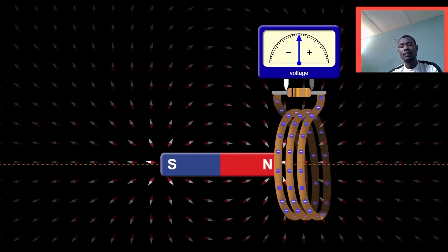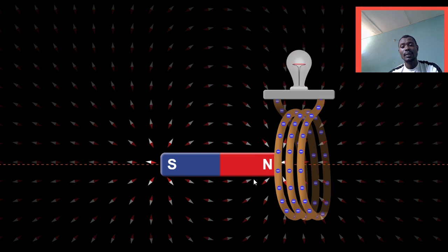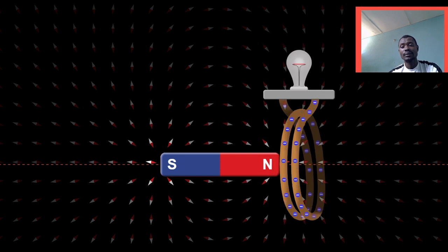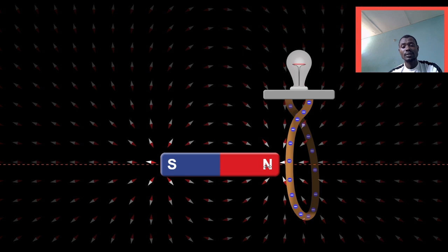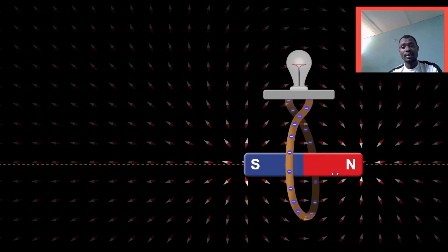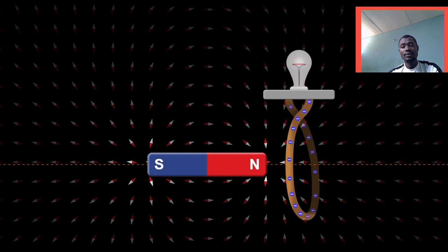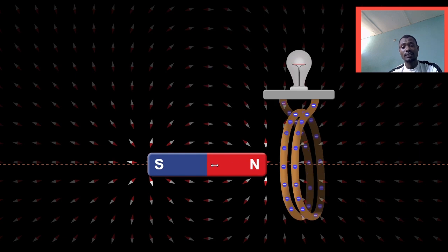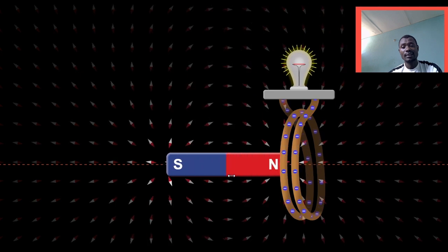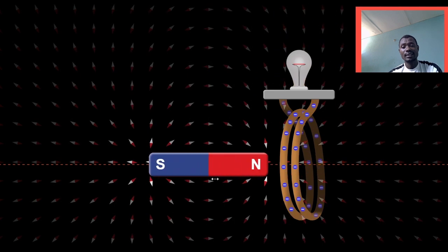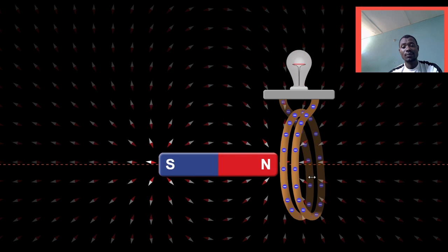Let me make use of this indicator for this. You can see the brightness of the bulb. Let me increase it. Can you see that it's brighter than when we had it before?